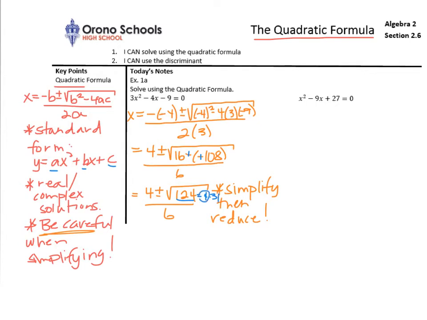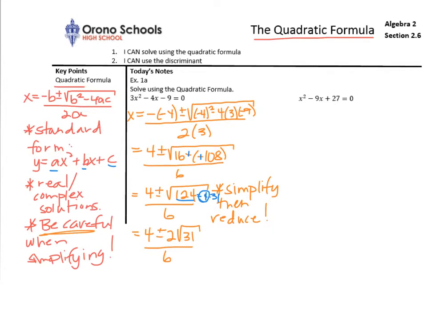Now 4 would come out as the square root of 4, which is 2, giving us 4 plus or minus 2, and then 31 stays on the inside. Nothing else goes into 31 that's a perfect square. Divided by 6. The radical is simplified as far as it can go.